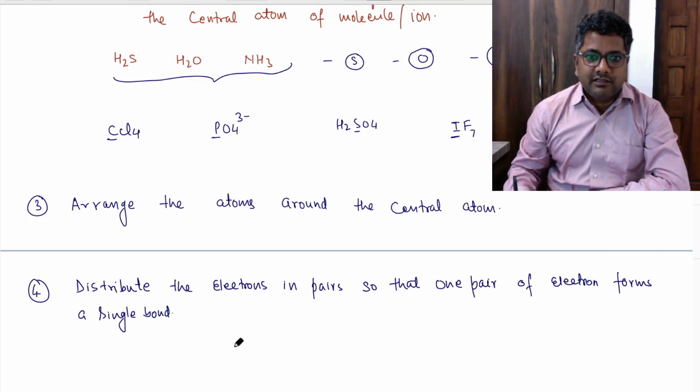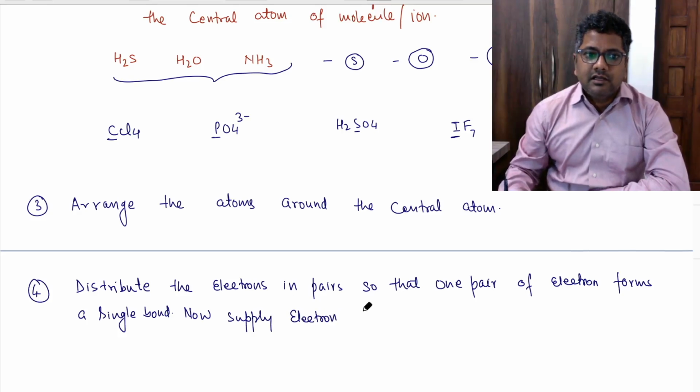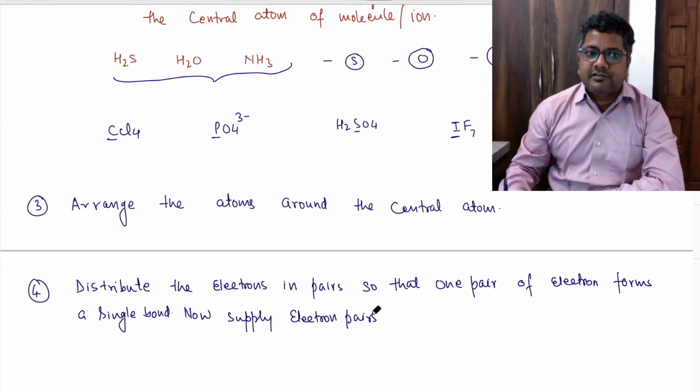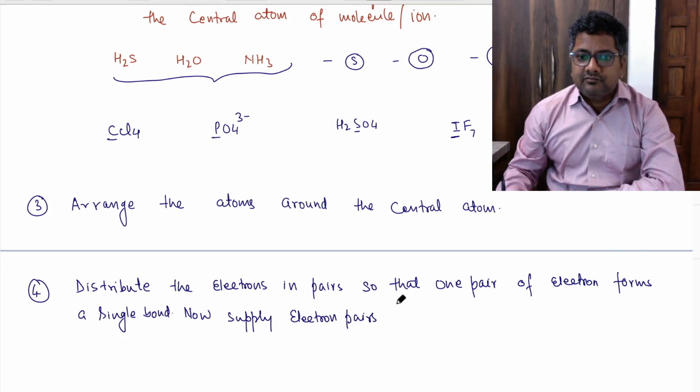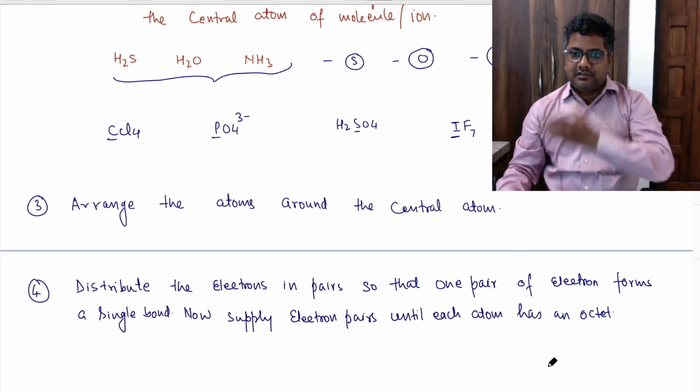So now supply electron pairs until each atom has an octet, right?